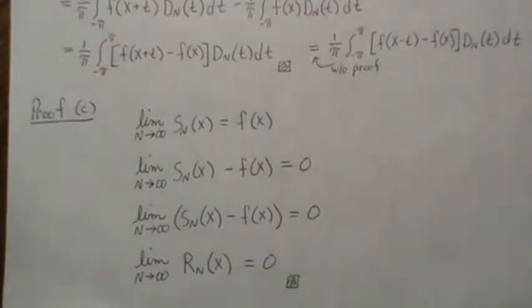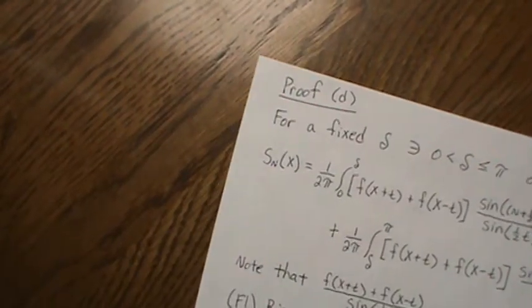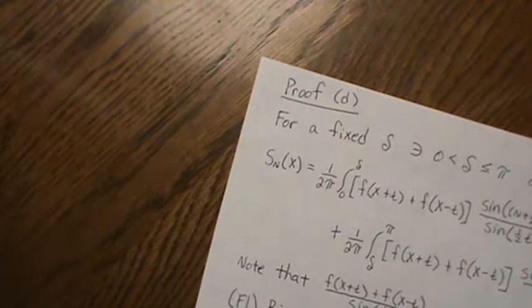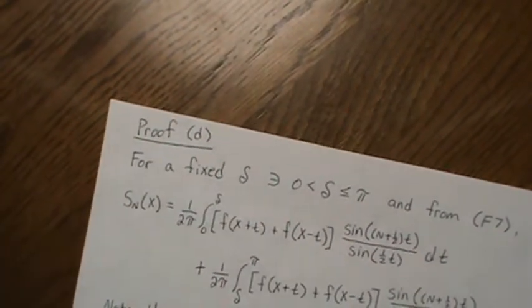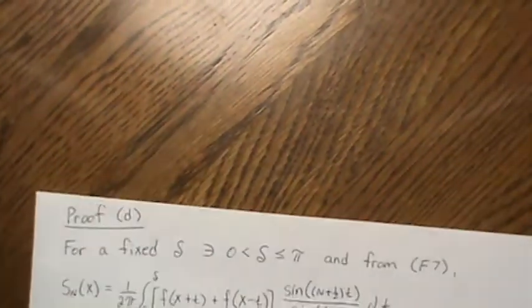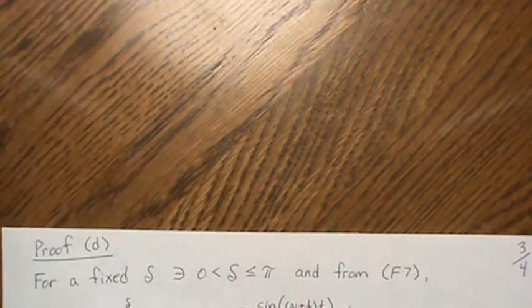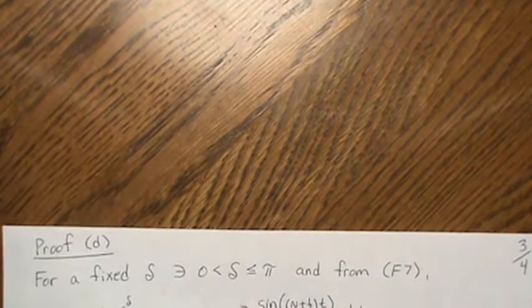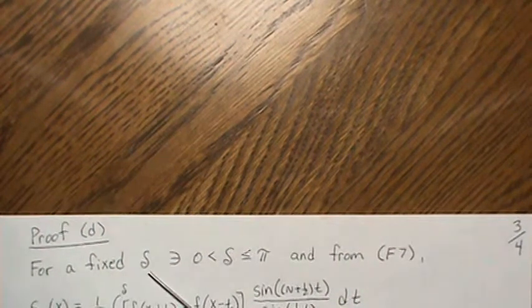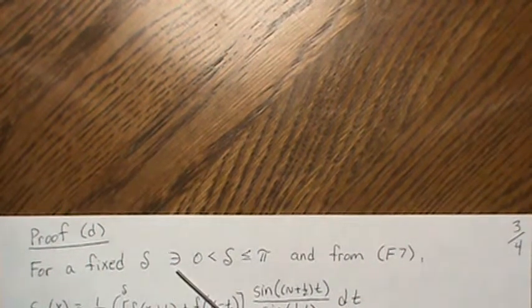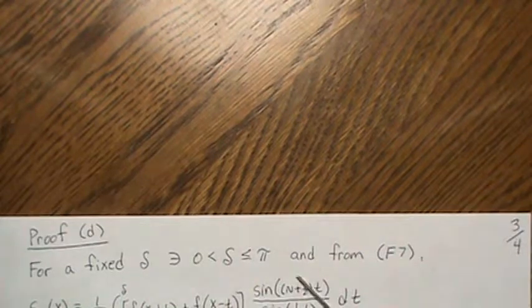Now part D is that we're going to show that the convergence of the Fourier series to f of x only matters in a small neighborhood of x. So let's fix a delta such that it's between 0 and pi.